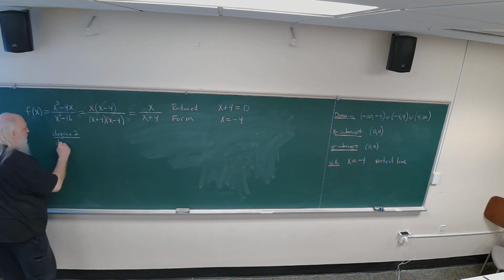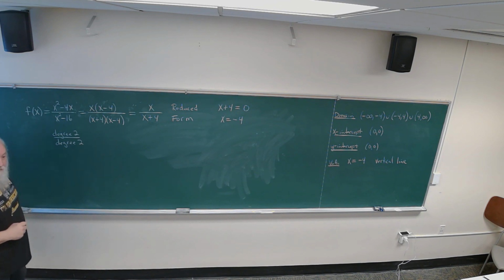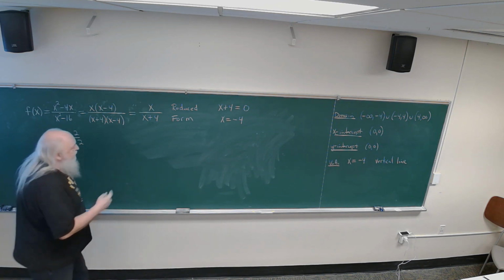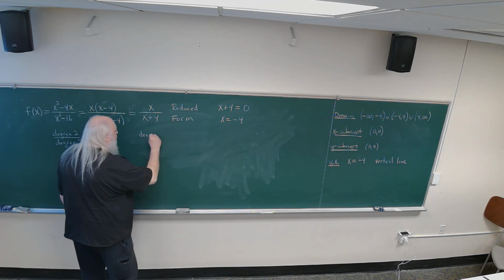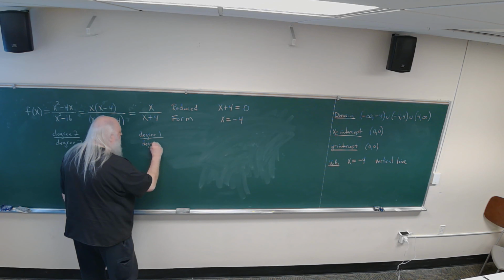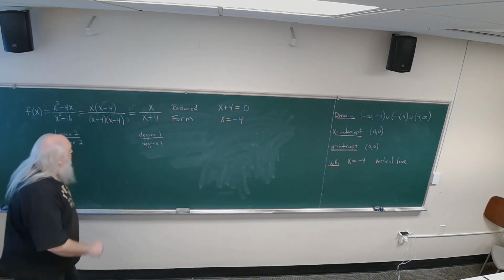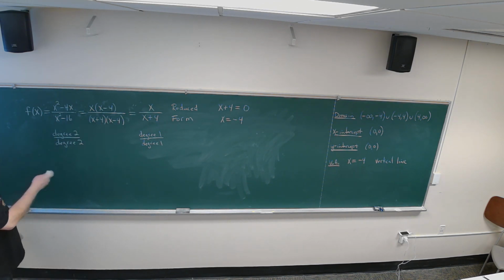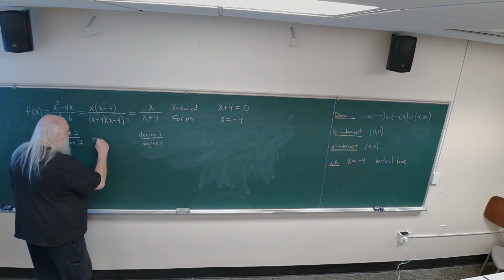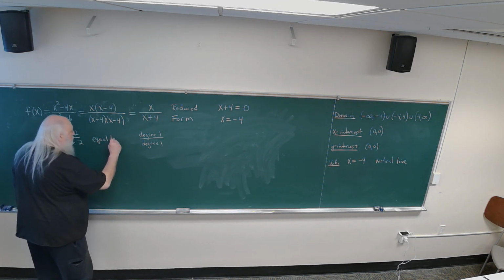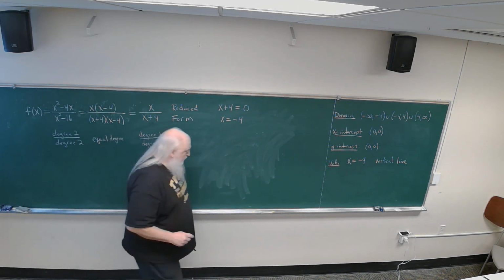The degree of the denominator is also 2. So they're of equal degree. And if you look at reduced form, the degree of the numerator is 1. The degree of the denominator is 1. Okay? So whether you look at the original rational function or the reduced form, you can see that the numerator and denominator are of equal degree.